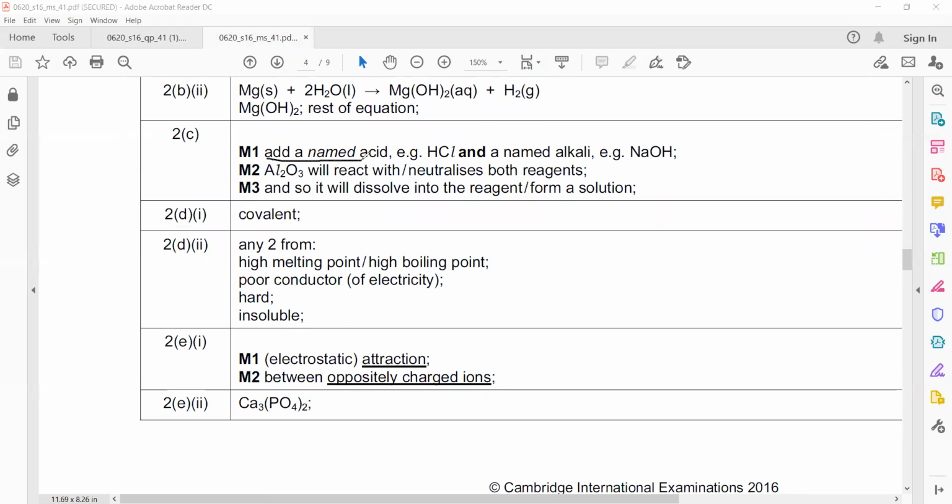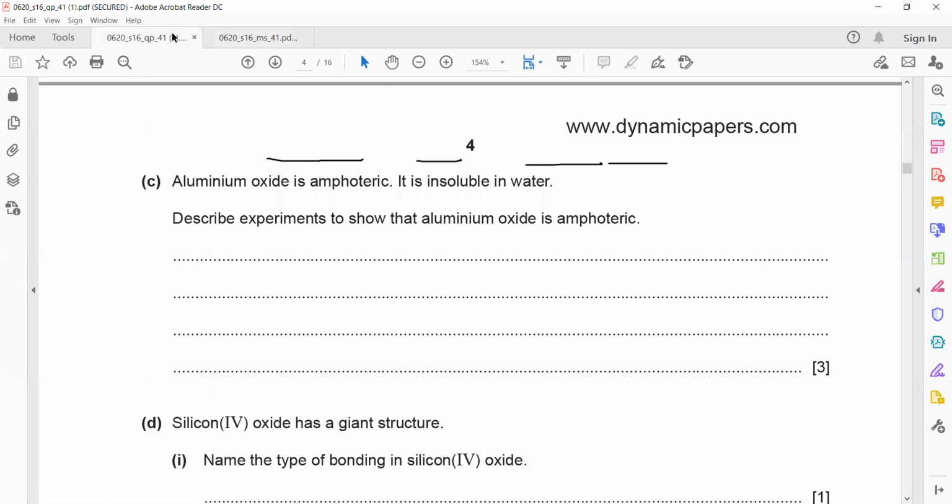So add a named acid, for example hydrochloric acid, and add a named alkali like sodium hydroxide. So here what is the answer? We will add acid, but we have to name the acid. Example, add hydrochloric acid.